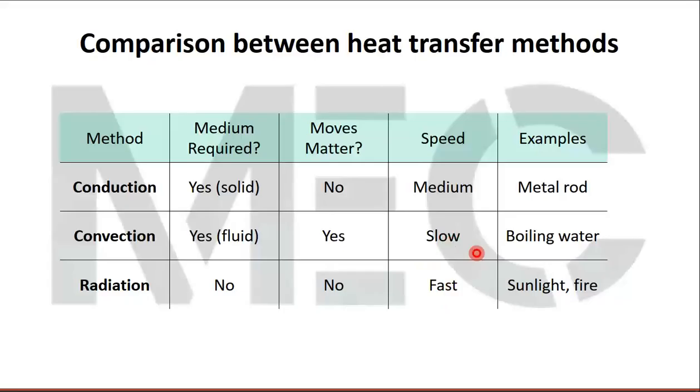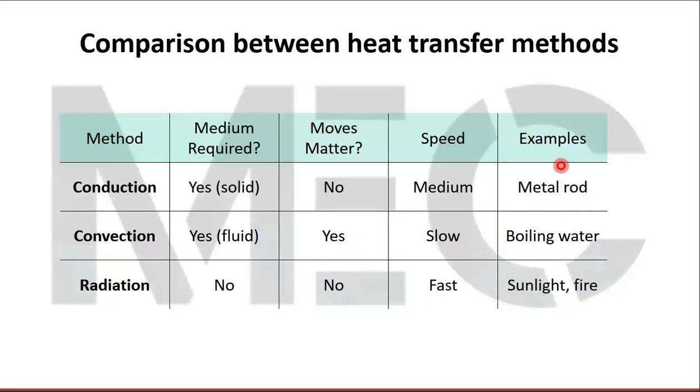That's why in many radiators a fan is being used, so we have a fan heater. By applying a fan, we're moving the air so that the convection method is forced convection, so that we can increase the rate of heat transfer there.